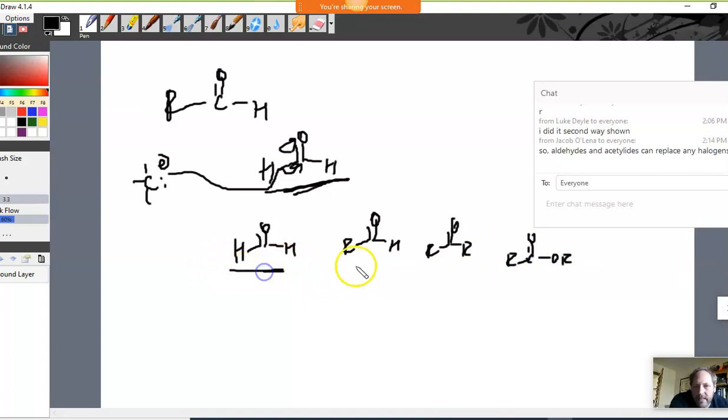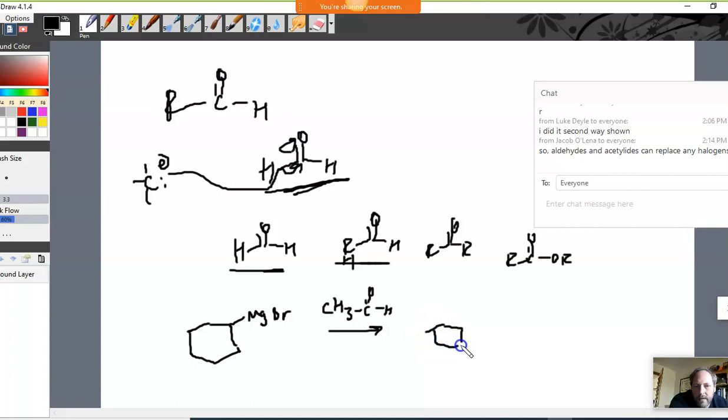But formaldehyde is the same thing as an aldehyde, except R here happens to be an H. Okay? So if you have a Grignard, let's say MgBr, and you add this aldehyde to it, you get this product, right? That's just a Grignard. Now let's do the same thing, but instead let's add this to it.